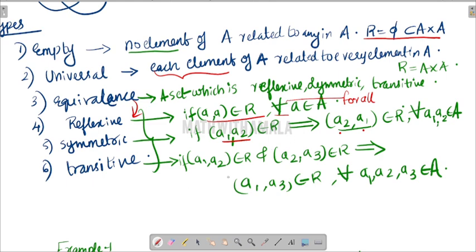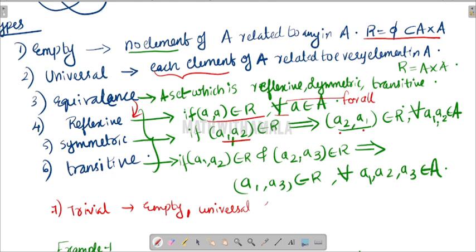Then what is a symmetric relation? If (a1, a2) belongs to R implies (a2, a1) belongs to R, for all a1, a2 belonging to A, then we can say it's a symmetric relation. That is, a1 is related to a2, and a2 is related to a1. Then it is symmetric.